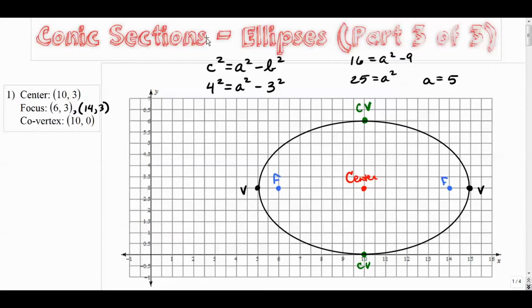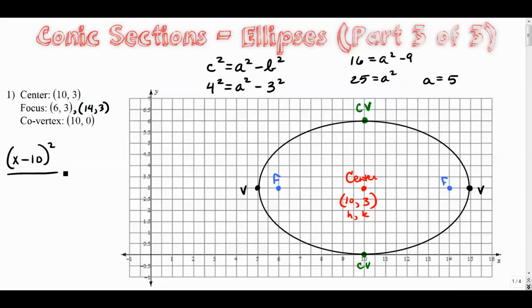So the other question, of course, is what's the equation of this ellipse? Remember, the center is at 10, 3, and that's h, k. So when we write this equation, x minus h, plus y minus k, equals 1.